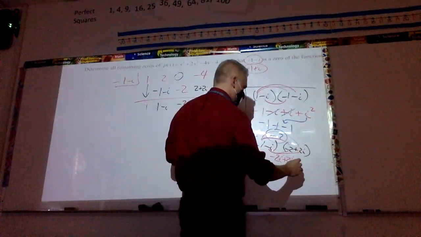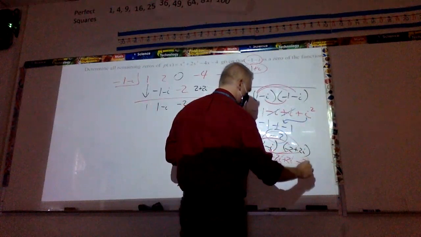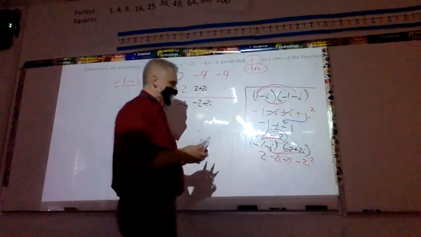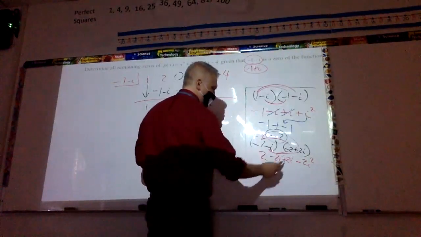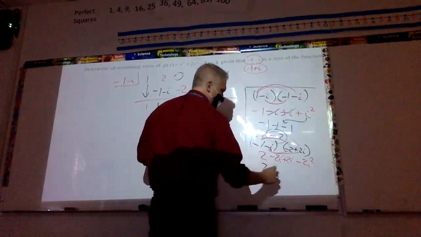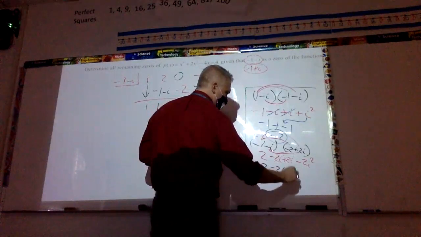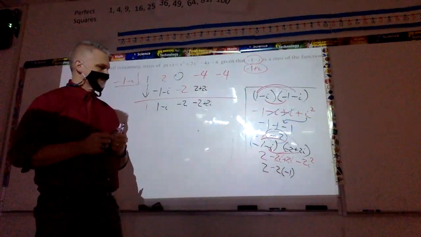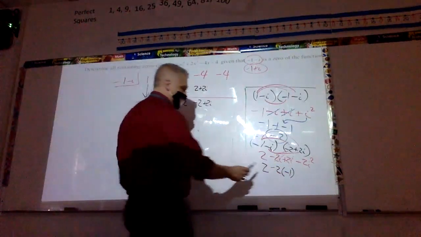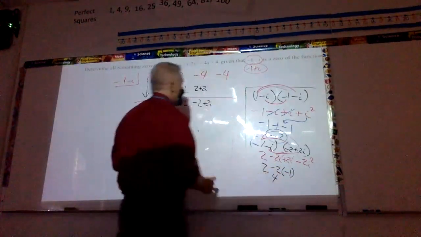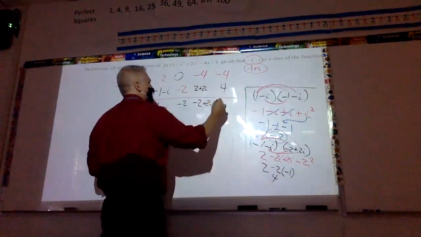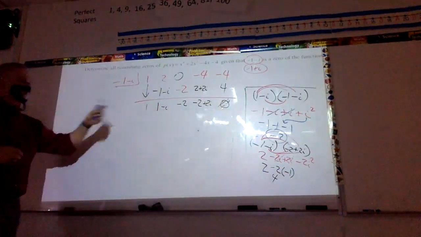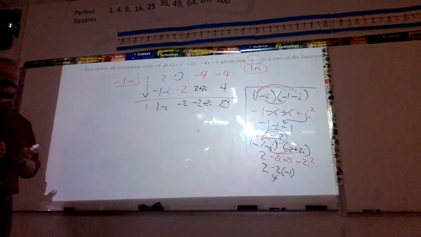Minus 2i squared. So this is 2. Those cancel. Minus 2 times negative 1, because i squared is negative 1. Well, that's 2 plus 2. That's 4. There's my remainder of 0, just like I hoped.